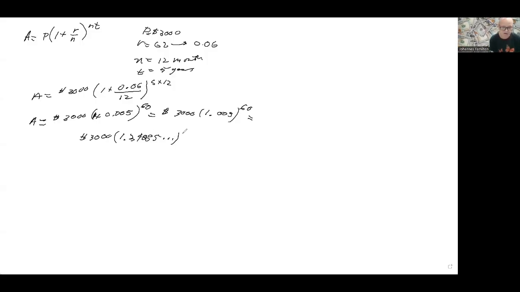In this case, we can just keep it in the calculator. So we multiply whatever we get here by 3,000 in order to get $4,046.55. So that's our final amount that we get when we compound our money.